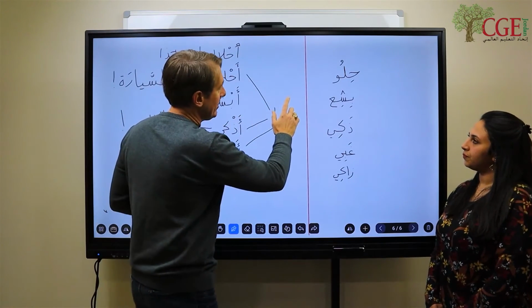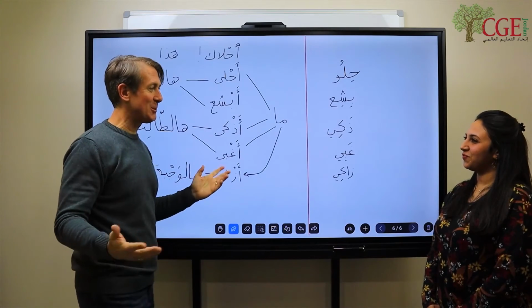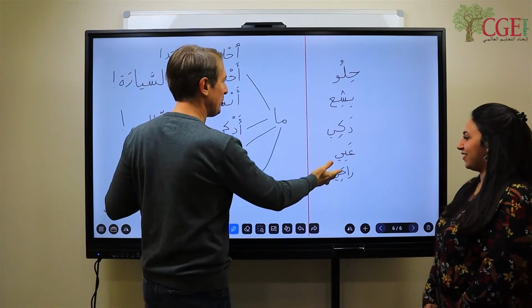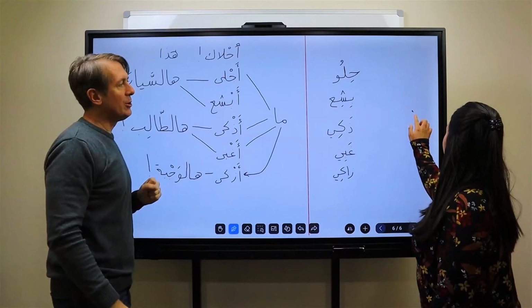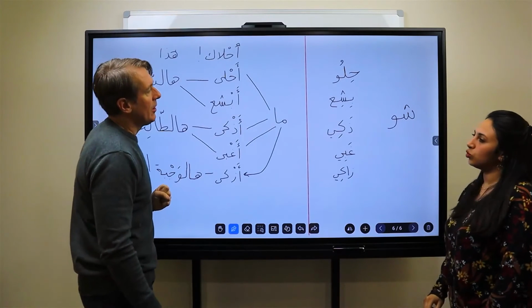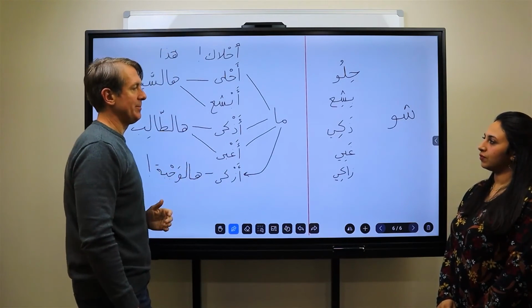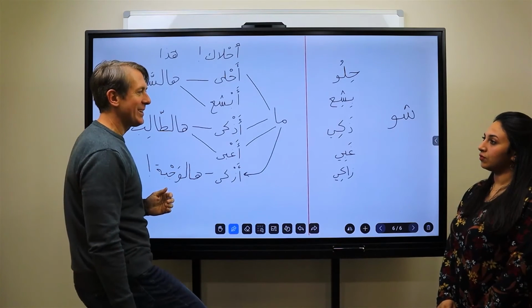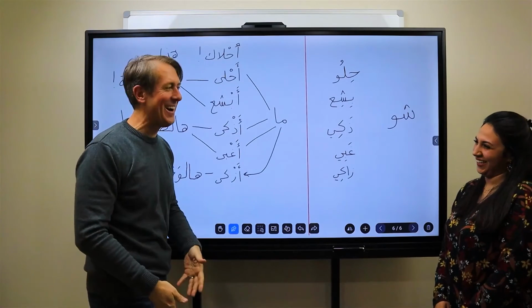Now, there's another way we can do this. All right, so we have a secret surprise here. We didn't just give you these to see this. Batool is going to write a word here that we use right in front of these. Shoe. All right, so we can say shoe. And what does shoe mean? How? It doesn't mean shoe like kundara, like you buy and wear.